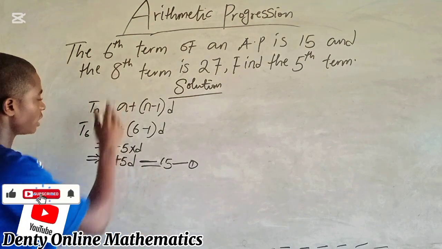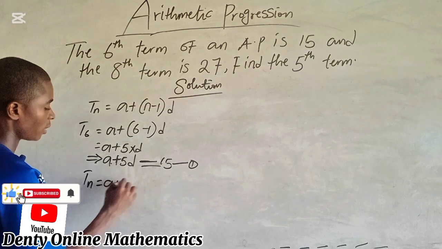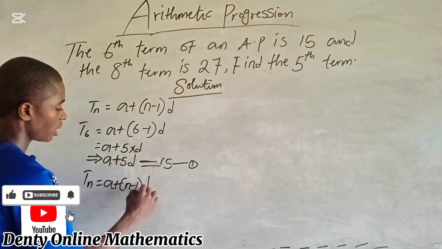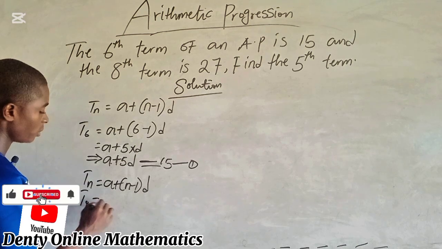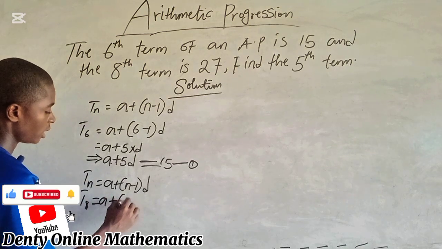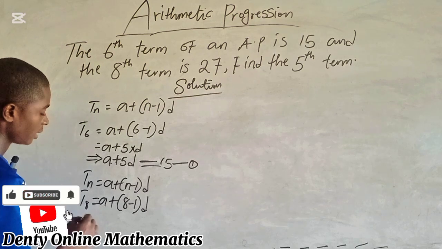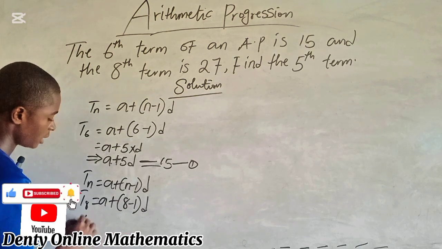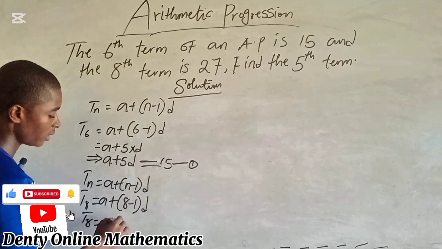Now let's check for the eighth term. We know that Tn is equal to a plus (n minus 1) multiplied by d. So T8, that's the eighth term, will be equal to a plus (8 minus 1) multiplied by d. So T8 is equal to a plus 7d, since 8 minus 1 is 7.